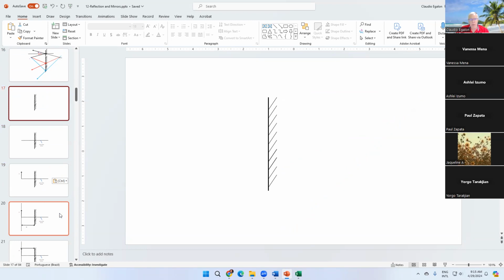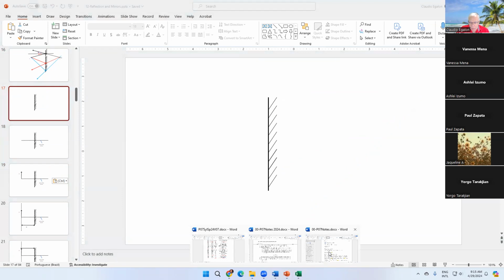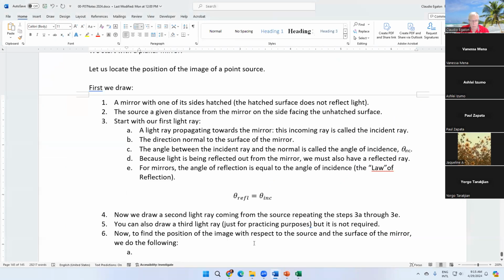We draw the mirror again. But before we go into that, let me document that in my notes. Here you go. Now to find the position of the image with respect to the source and the surface of the mirror, we do the following. A, extend at least two of the light rays behind the mirror.